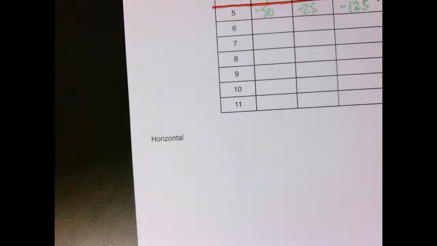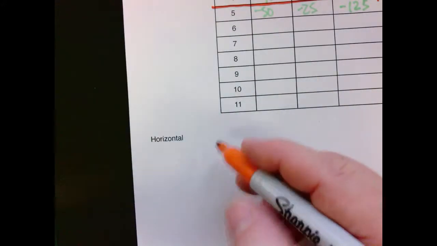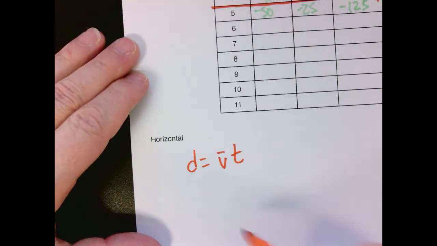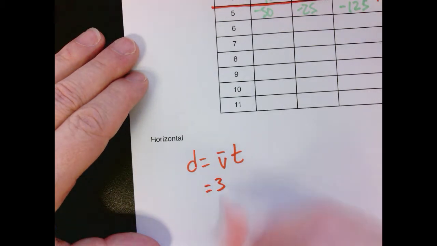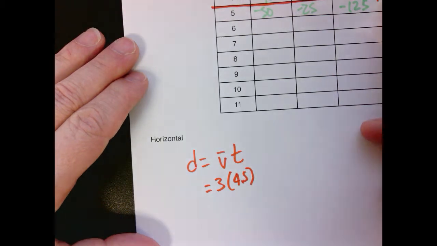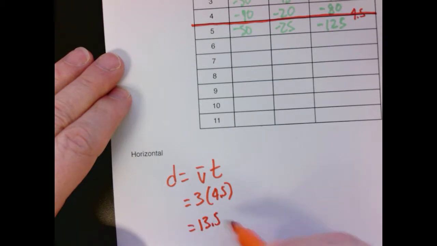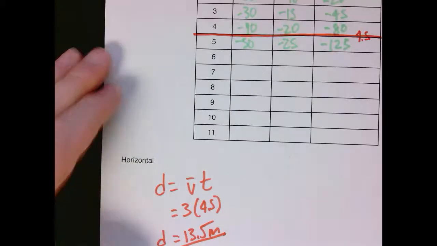In the horizontal, there's no acceleration. We just know that distance is always equal to the average velocity times the time. Horizontally, the velocity was constant, a constant 3. And if we know the time estimated from the table is 4.5, well, that gives us 13.5 meters. So the horizontal distance would be 13.5 meters.